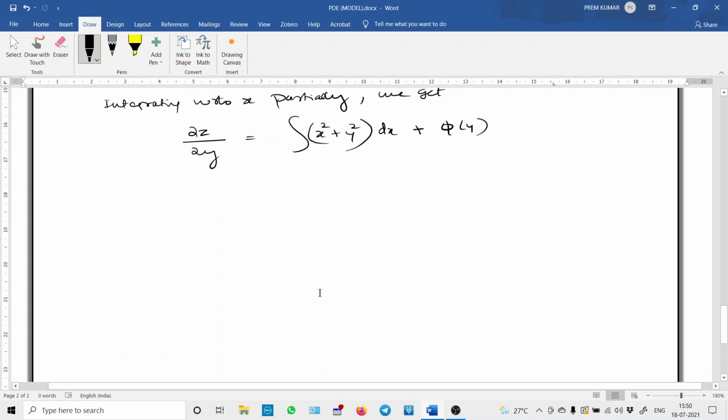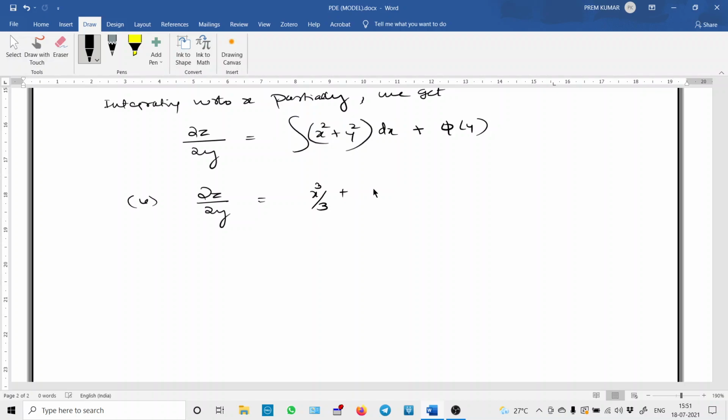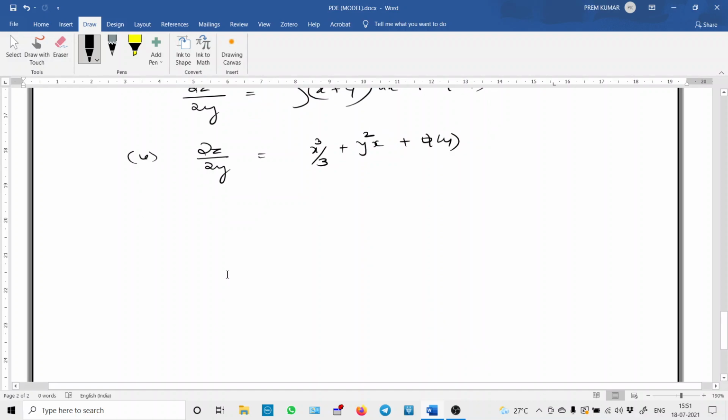That is dou z by dou y equals, this becomes x cube by 3, and y square is a constant, plus some function of y. And now this partial differential equation, we are going to integrate with respect to y partially, so that I get z, the solution.